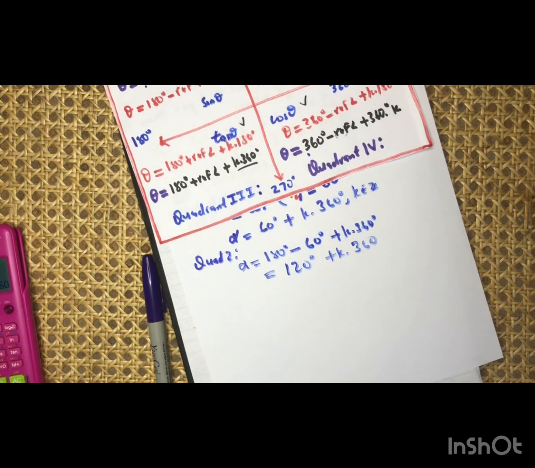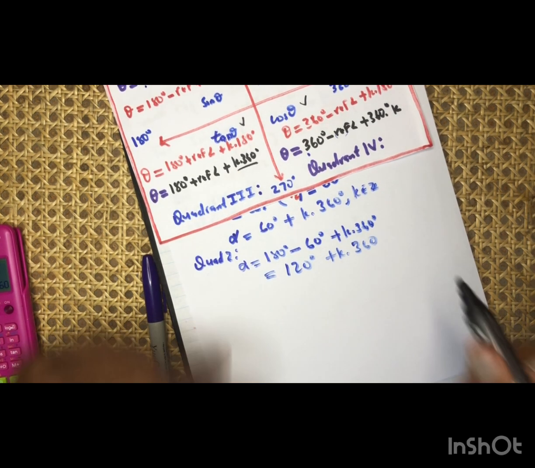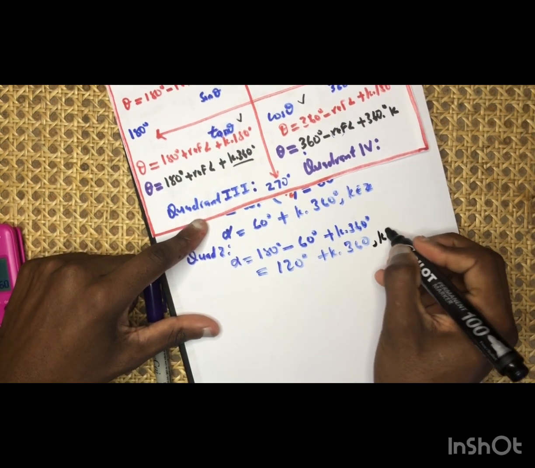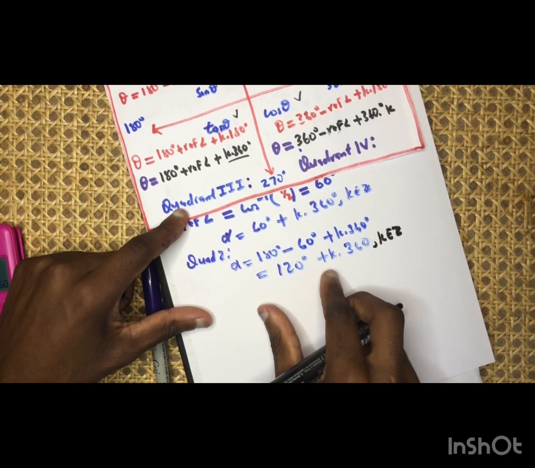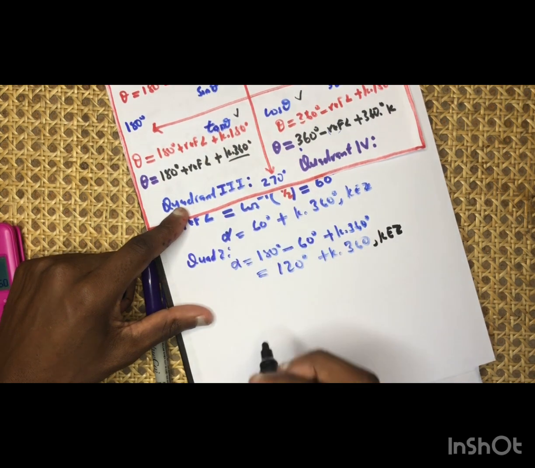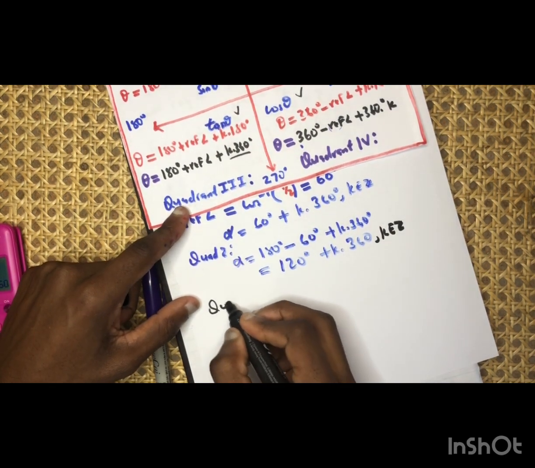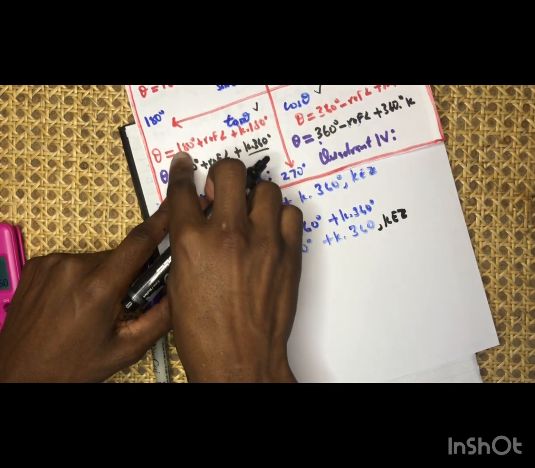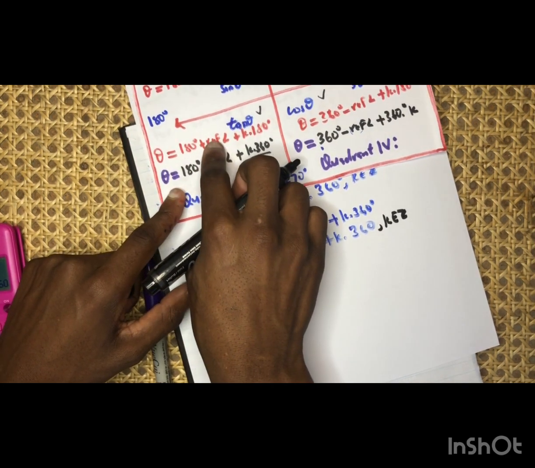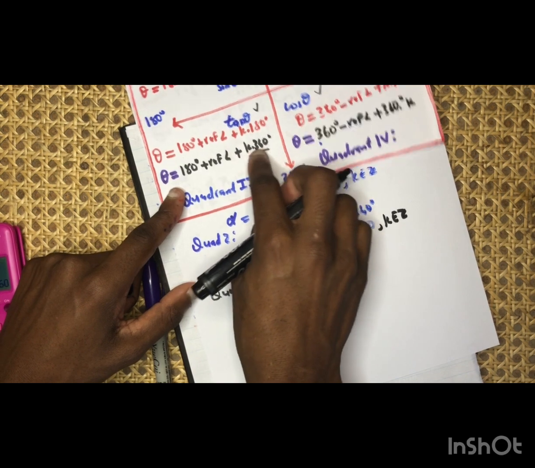Okay, let's change the marker. 360 degrees, where k is an element of integers. Understand? So then, we know that cos again is negative on the third quadrant. So I'm going to say quadrant 3, we have 180 plus the reference angle. Then we have the period for cos.